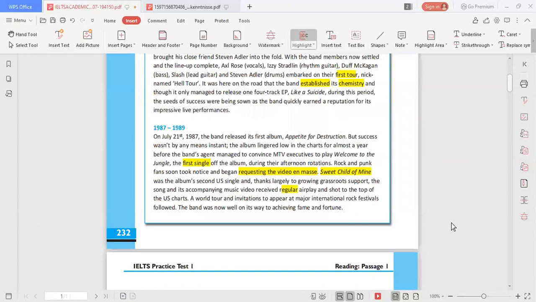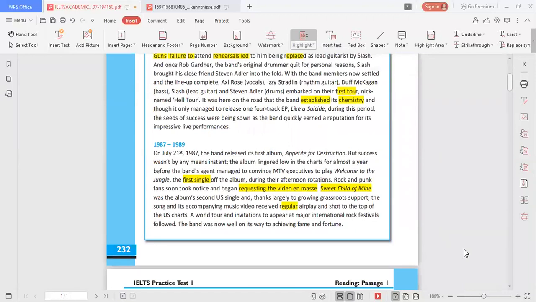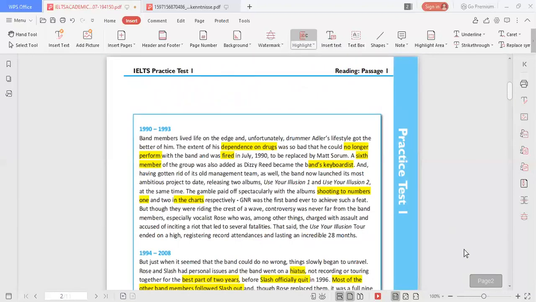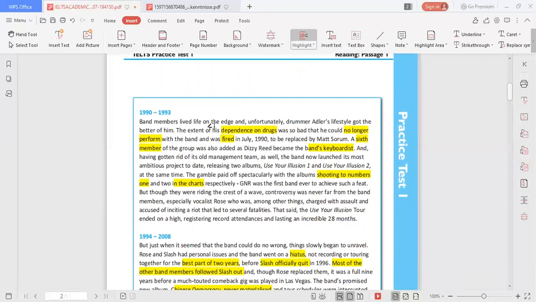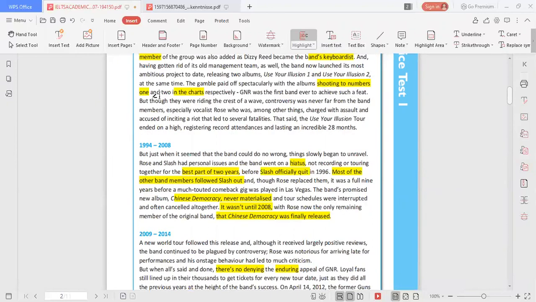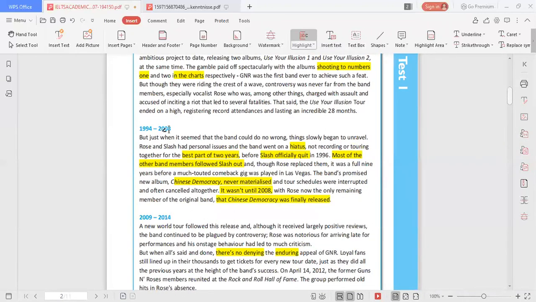So I read that, and that brought me to 1990 to 1993. And it brought me to 1994 to 2008.